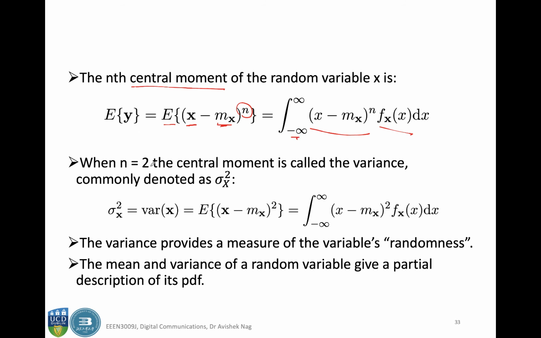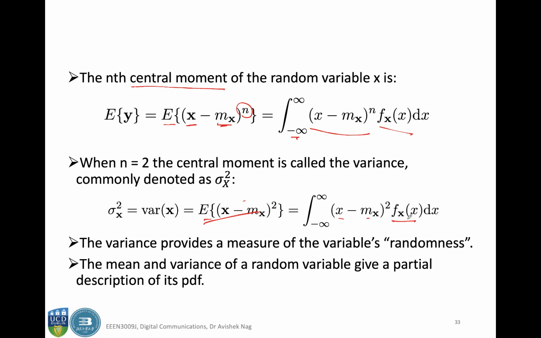If you take the second central moment, or n equal to 2, then this is called the variance of the random variable, denoted sigma_x squared and written as the expectation of (x minus m_x) squared, which is the integral of (x minus m_x) squared times the PDF.